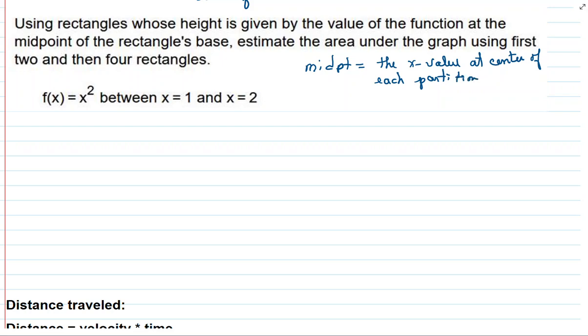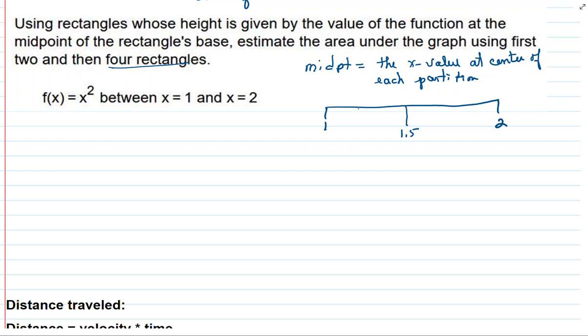I think I do a number line because it's just easier for me, because we've got a 1 and a 2, all right? And we want it in 4 rectangles. So if I want 4 rectangles, I'm going to have 5 partitions, right? So this is going to be 1.5, because that would make it that.